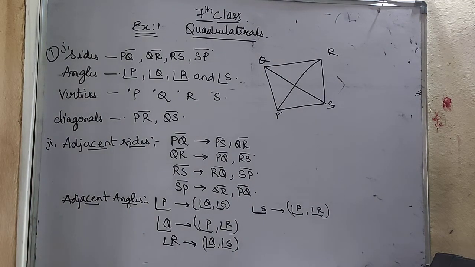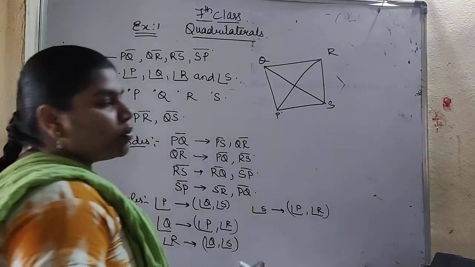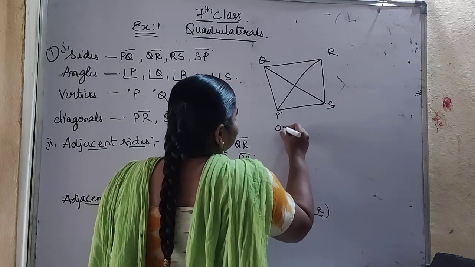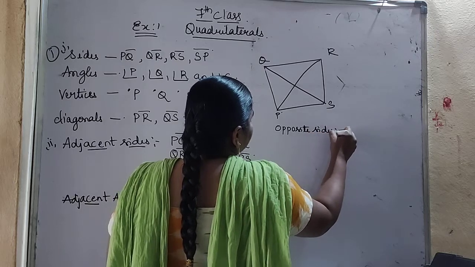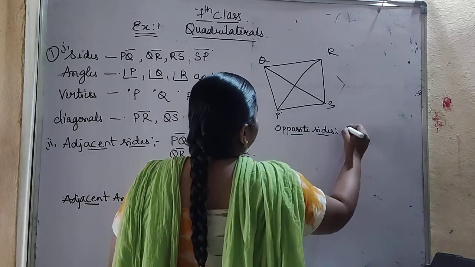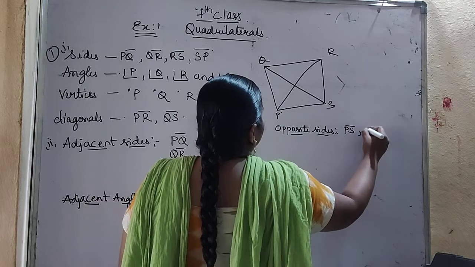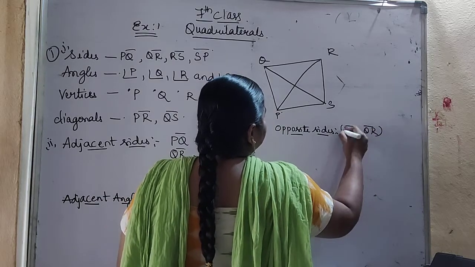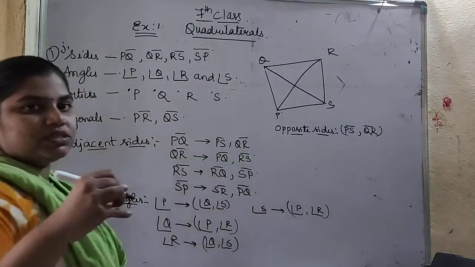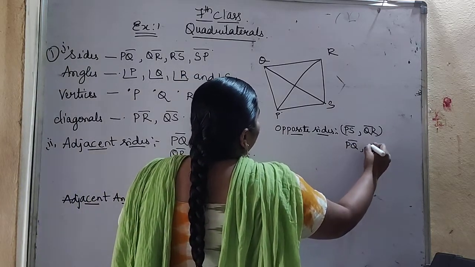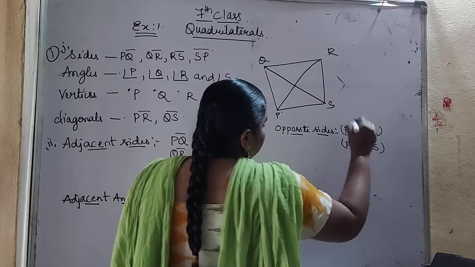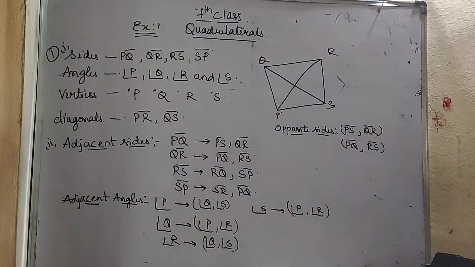Now next we have to write about opposite sides and opposite angles. So first opposite sides we will write. What are opposite sides here? PS line segment is opposite to QR line segment. This is the first opposite pair. And the second pair is PQ line segment opposite to RS line segment. So these two are opposite sides.